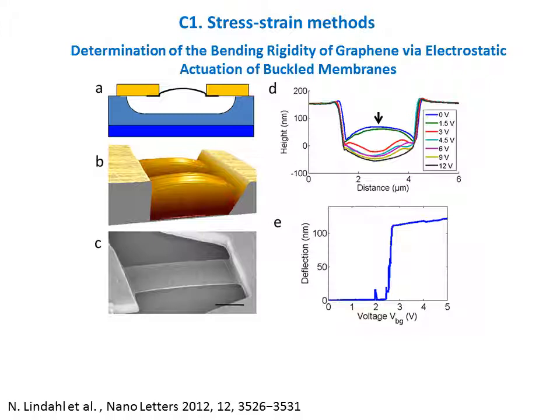So using the Kirchhoff-Love theory for thin plates and considering a thickness for bilayer graphene of 0.68 nanometers, a bending stiffness of 35 electron volts was obtained. Again, you can appreciate the large uncertainties of the experiment.